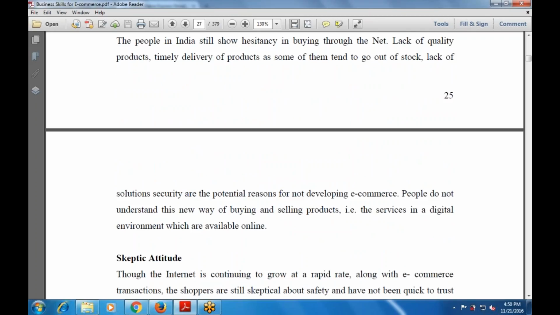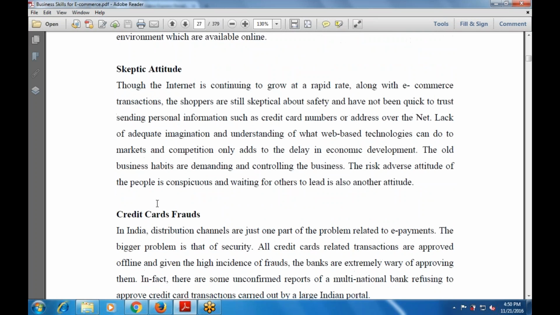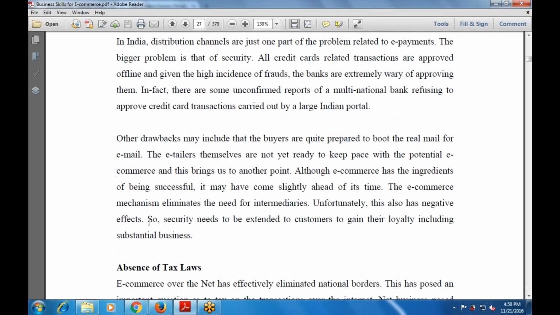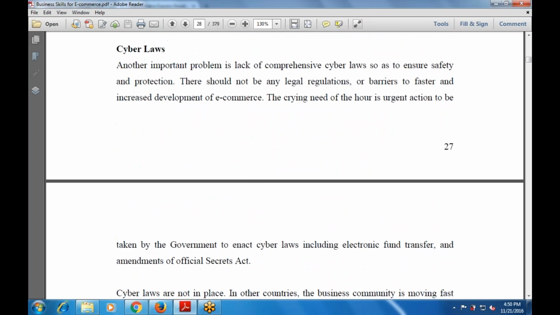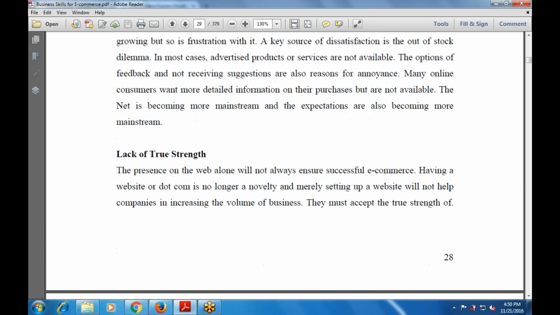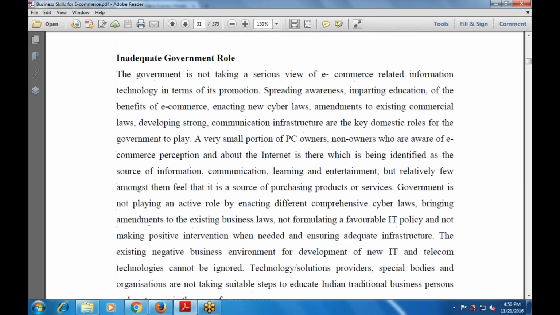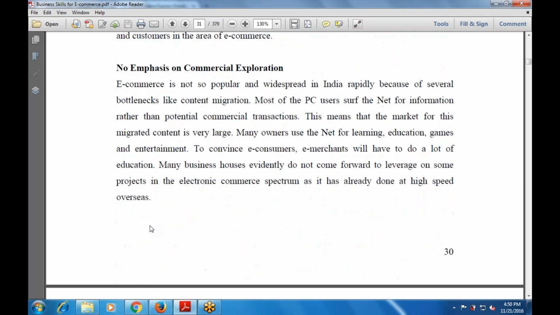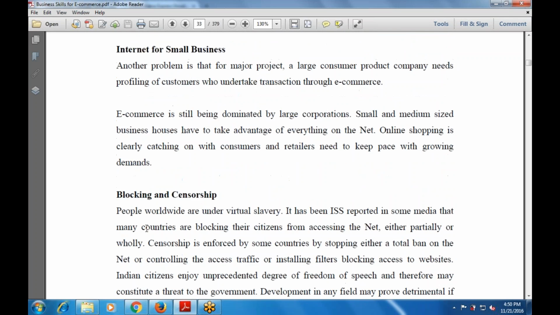Everyone is thinking that this is not secure. Then credit card frauds, the absence of taxes or tax laws, inadequate government role, and no emphasis on commercial exploitation. Then cyber competition.